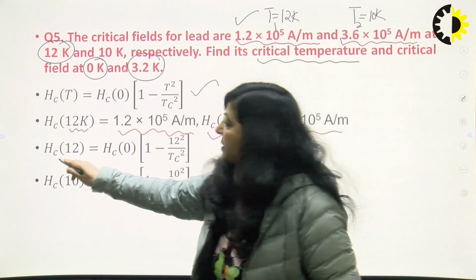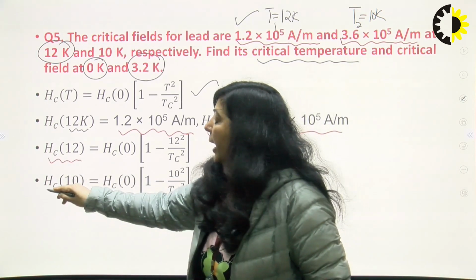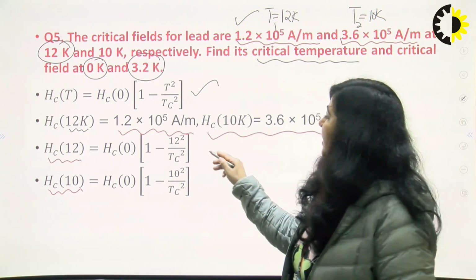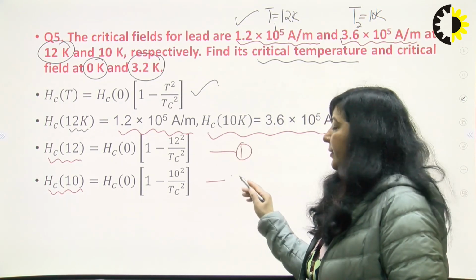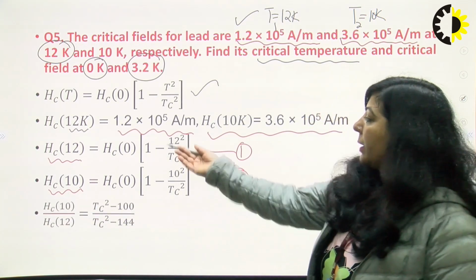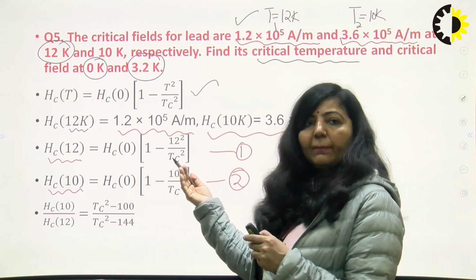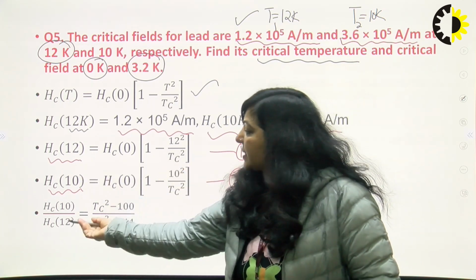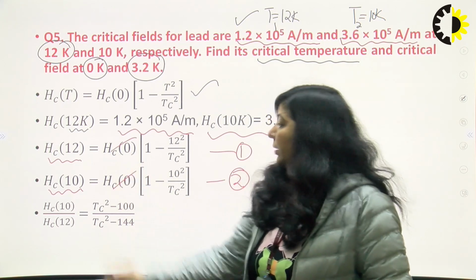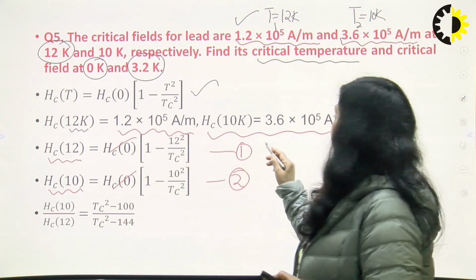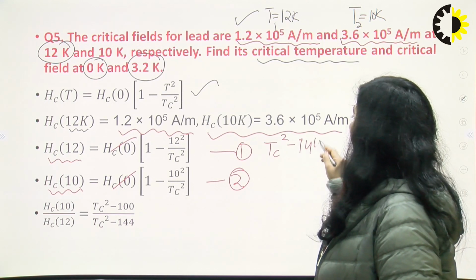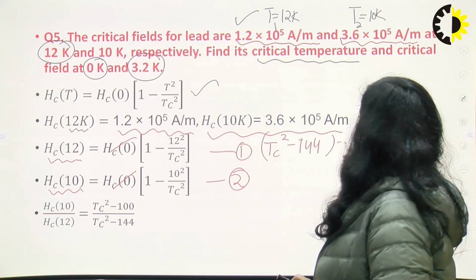So now we have this information: Hc12 as well as Hc10. We have to simplify these two equations. Let this be equation number 1 and this one equation number 2. If you divide equation number 2 by 1, you get Hc10 upon Hc12. The Hc naught factors get cancelled. In the numerator, simplified, it will be Tc square minus 100 divided by Tc square, and in the denominator it will be Tc square minus 144 divided by Tc square.